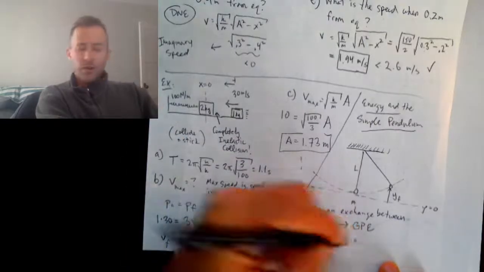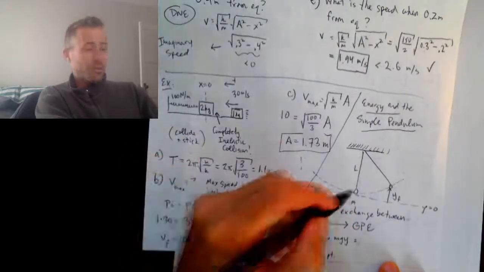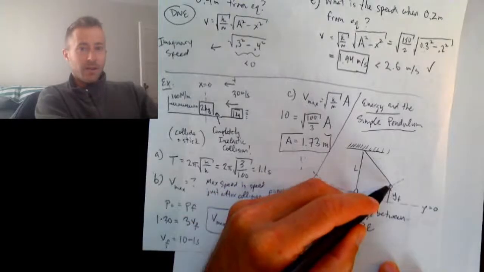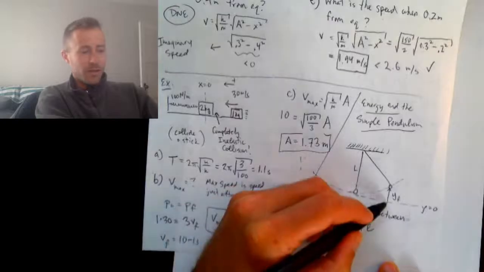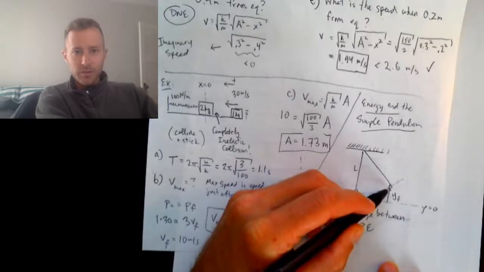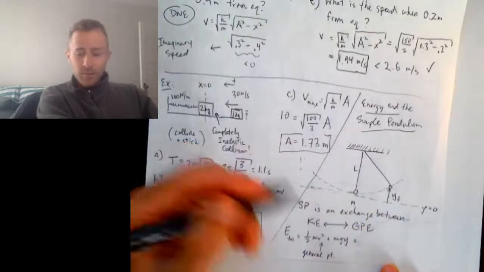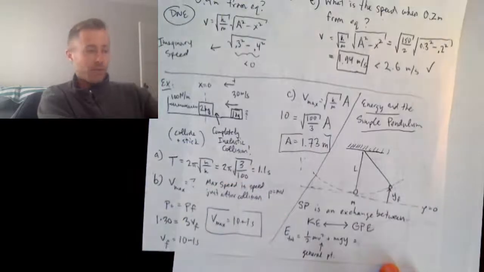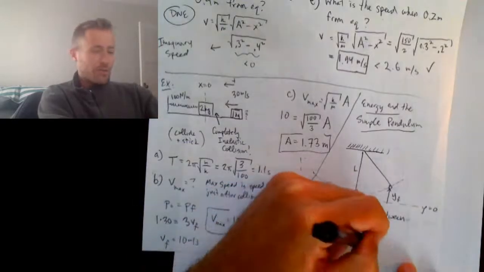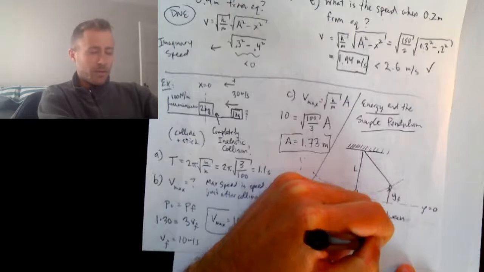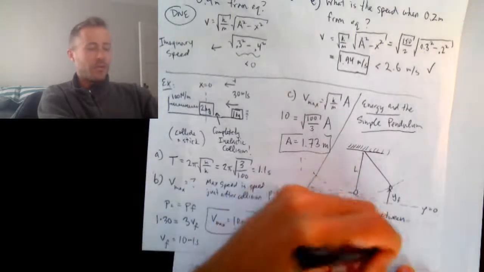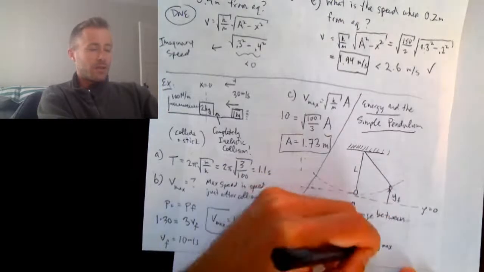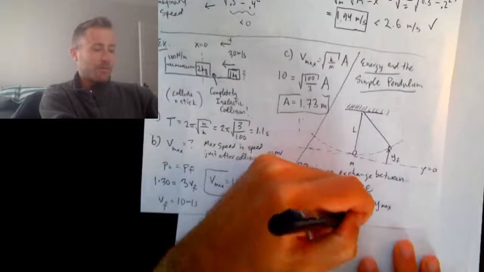If we chose to evaluate the energy at the extreme point, then again, you have no speed at this extreme point. So you're going to have as much gravitational potential energy as you can have, which means that you're going to be at your maximum height. So your energy is going to be mgy max. So this is evaluating the energy at the extreme point.